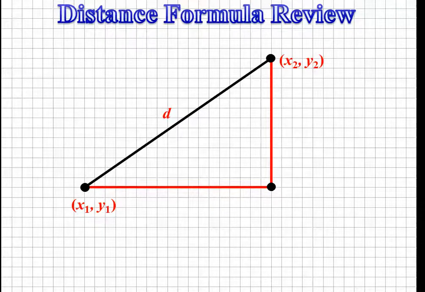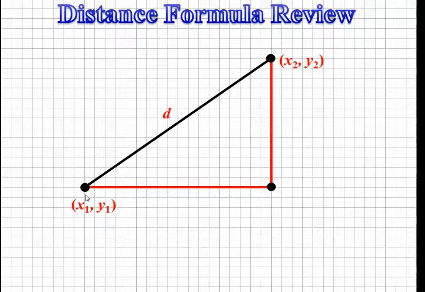And just a little review of the distance formula, because we're going to use it to develop an equation for a circle in a coordinate plane. You see here this is a right triangle, and d is the hypotenuse. That's how the distance formula works, because the distance is always your hypotenuse.